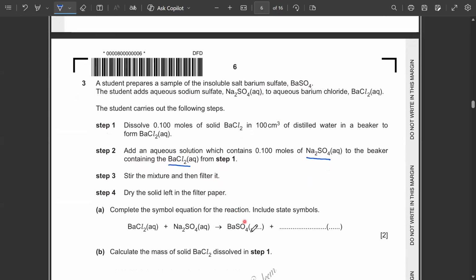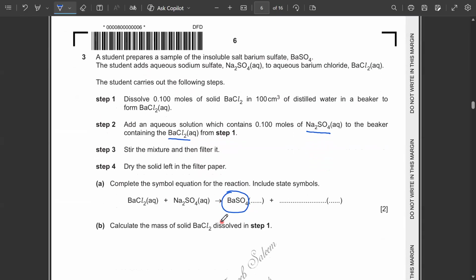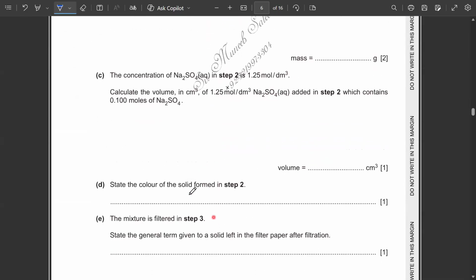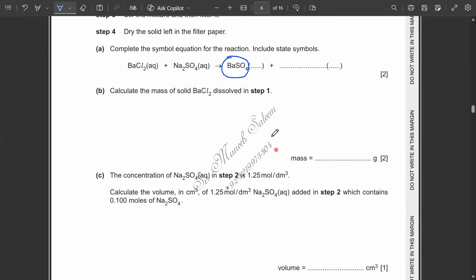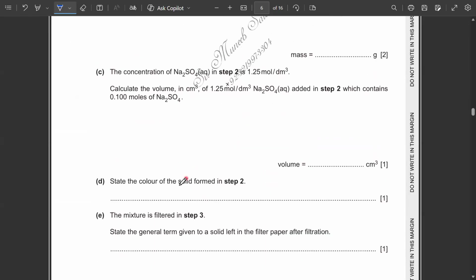We already saw in part A that one of the products was barium sulfate. Now the color of the barium sulfate must be mentioned here in part D, and we remember it is a white precipitate. So we just write white, because we do not need to write the form of the product.